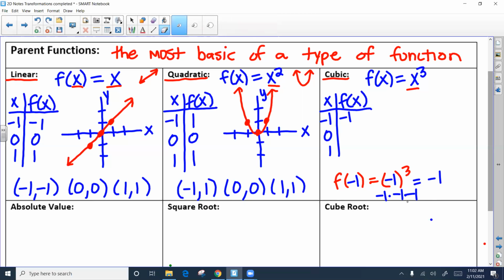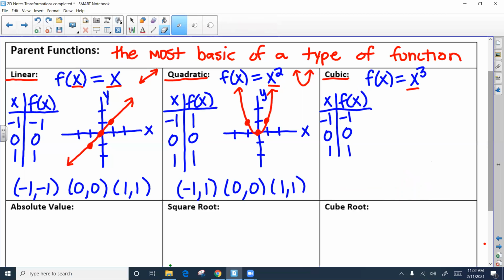Then I got to plug in a 0. So f of 0 equals 0 cubed, which is still just 0. And then I have to plug in a 1. So f of 1 equals 1 cubed, which is 1. 1 times 1 times 1 is 1. So here's our coordinate points on our cubic function.